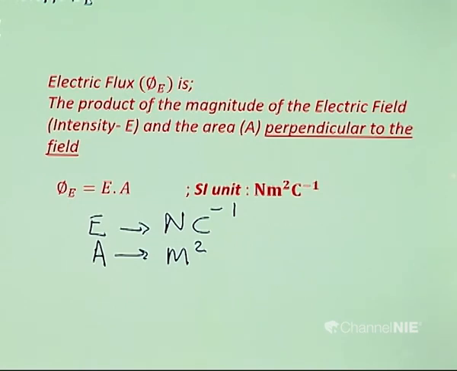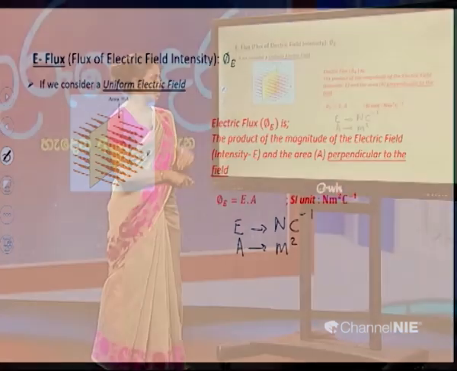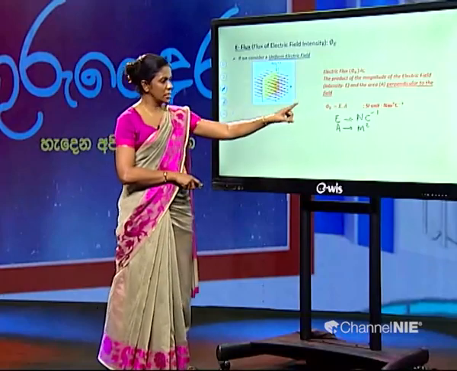Now, let us explain this a little more. In a uniform electric field of field intensity E, if the area I have chosen is perpendicular to the electric field, the total electric flux passing through or linked with the surface is E times A.